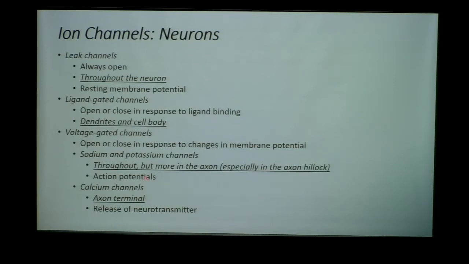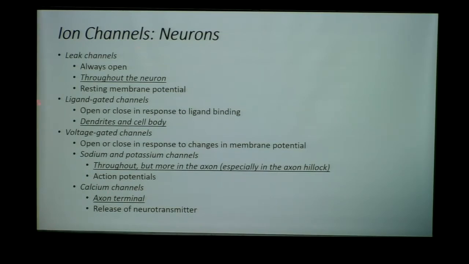There are two types, sodium and potassium. They're found most throughout the length of the axon, especially at the axon hillock, and we talked about why. That's a very important area of adding our various graded potentials and deciding whether or not we're going to fire an action potential. And they are essential in establishing, firing, and propagating an action potential.